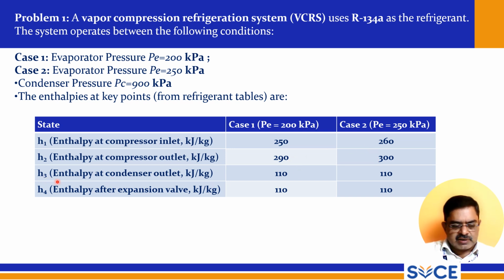H3, enthalpy at condenser outlet, is 110 kilojoules per kg for case 1, and the same 110 kilojoules per kg for case 2. Similarly H4, enthalpy at the expansion valve, throttling valve, is the same, 110 kilojoules per kg, for both case 1 as well as case 2.